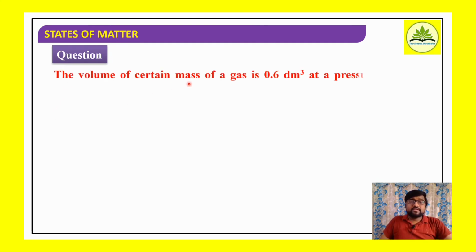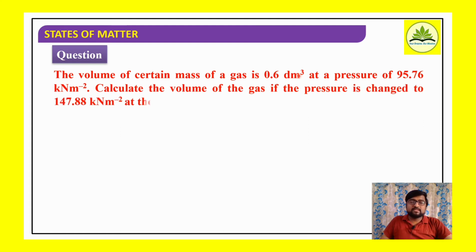The volume of a certain mass of a gas is 0.6 dm cube. So dm cube means it is liter, we know the conversions. The volume of a certain mass of a gas is 0.6 dm cube at a pressure of 95.76 kilo Newton per meter square. So what they are saying is, they are giving a volume, how much? 0.6 liter. At what pressure?